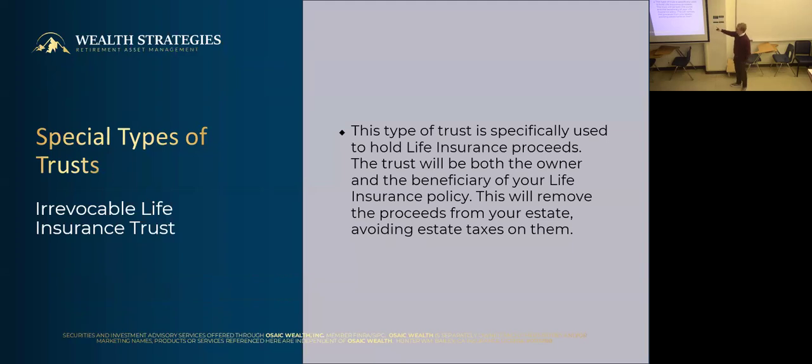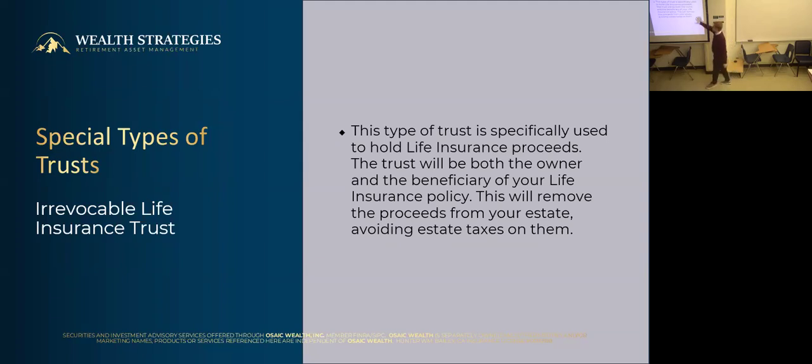Another type of special trust that most of us will never have to deal with is an irrevocable life insurance trust. This type of trust is specifically used to hold life insurance proceeds. The trust will be both the owner and the beneficiary of the life insurance policy. So this removes the proceeds from your estate, which means your estate doesn't have to pay any taxes on them.